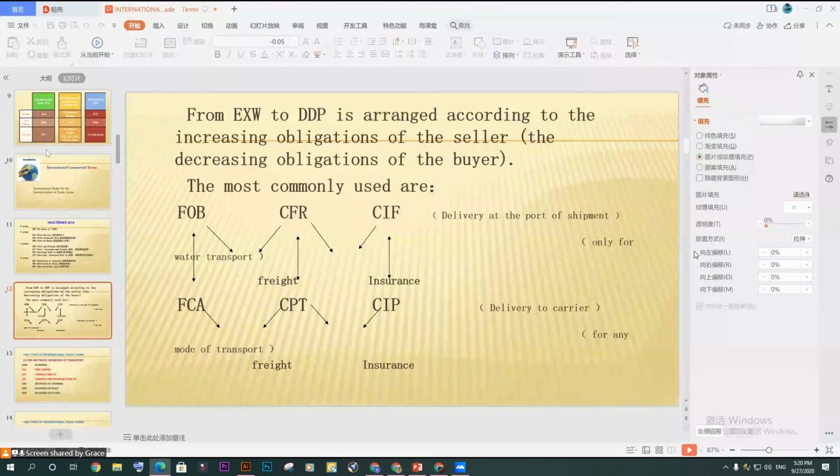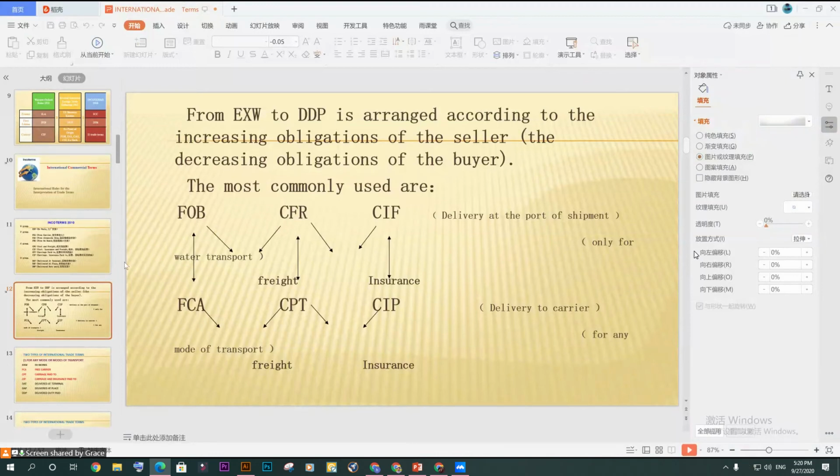So following these three letters, we should state the port of shipment. Here are some examples. Okay, say FOB Shanghai, China. That means Shanghai is the port of shipment of these products.